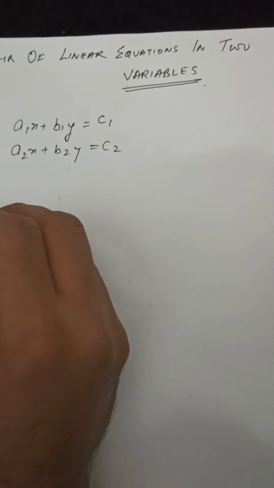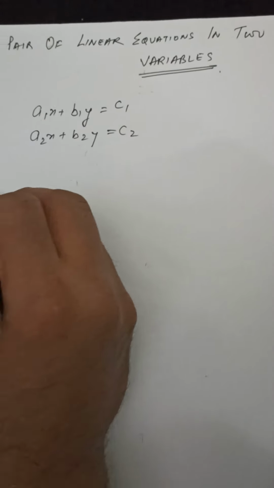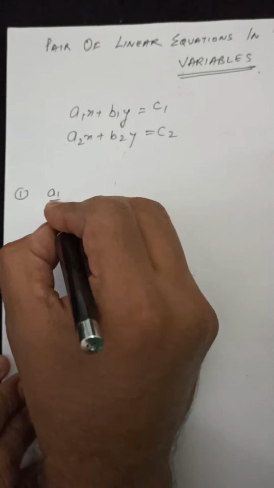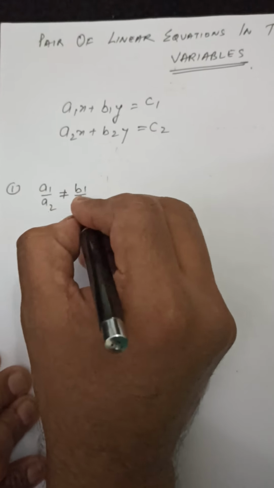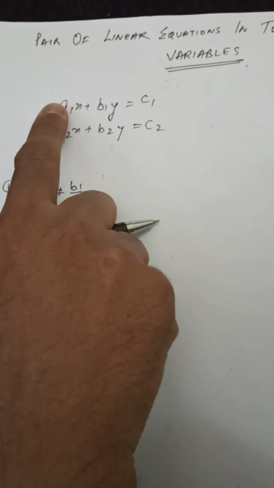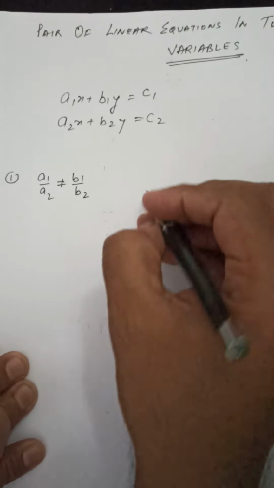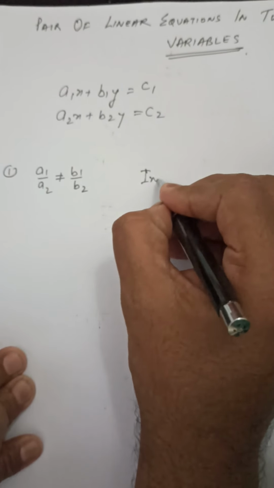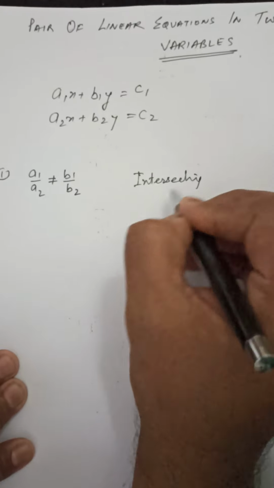So students, there are three conditions specifically. The first condition is if a1 upon a2 is not equal to b1 upon b2. If the ratio a1 upon a2 is not equal to b1 upon b2, then these are representing intersecting lines.